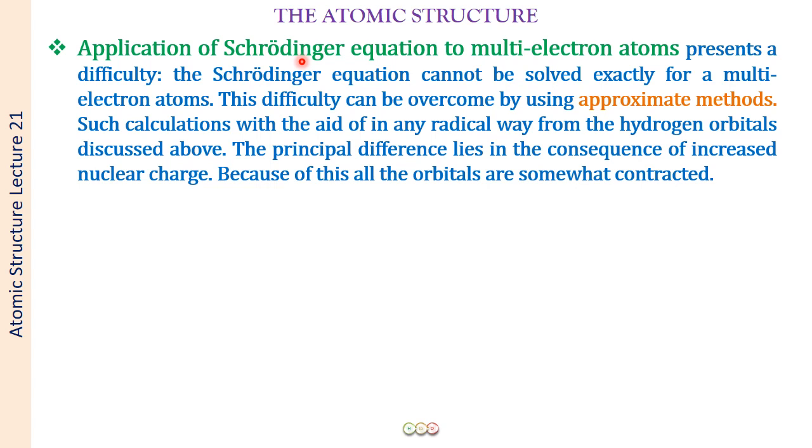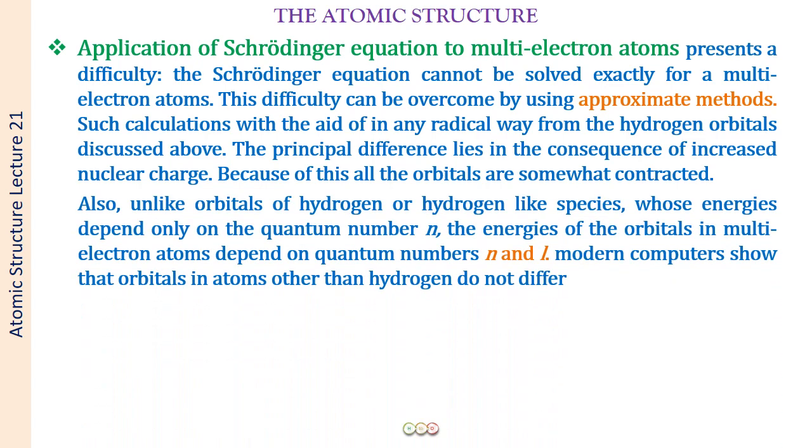The Schrodinger equation cannot be solved exactly for the multi-electron atoms, and this difficulty is overcome using some approximate methods. The basic difference between the multi-electron atoms and hydrogen-like species is that in hydrogen and hydrogen-like species there is only one electron, and the energy is dependent upon the quantum number n.